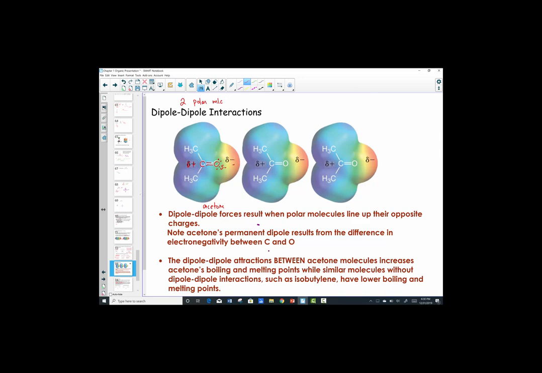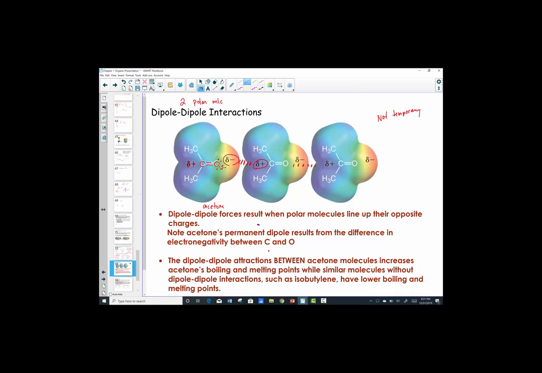The negative region on one molecule is very attracted to the positive region on the second molecule. And these intermolecular attractions based on opposite charges are known as dipole-dipole. Now the difference is these are not temporary charges.